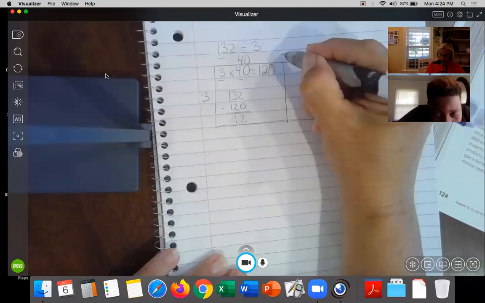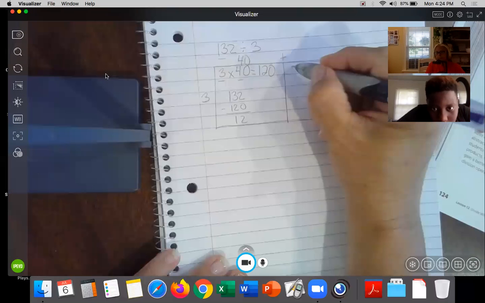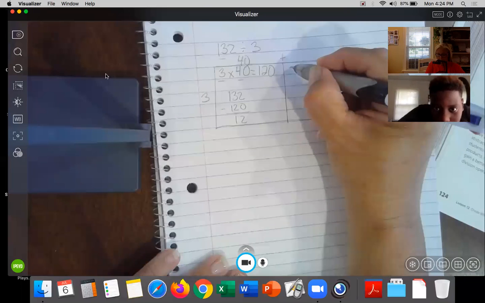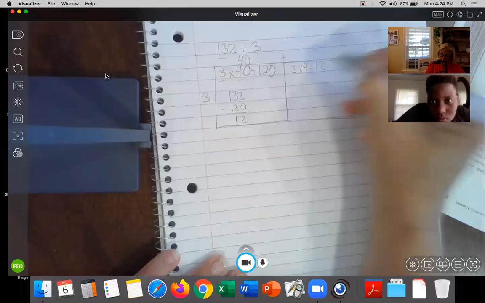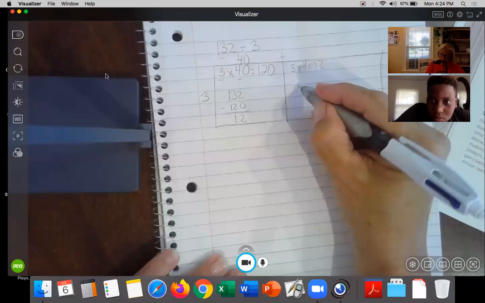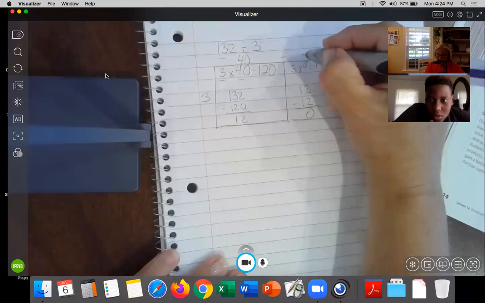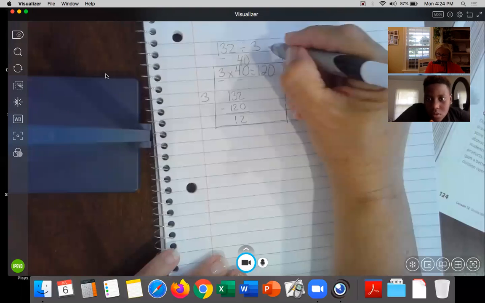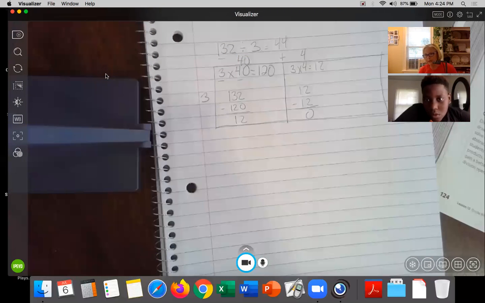Now, think about it. 3 times what will give me 12? 3 times 4. That gives me 12. I say 12 minus 12 gives me 0. Now, I'm going to add 40 plus 4 is 44. So 132 divided by 3 is 44.